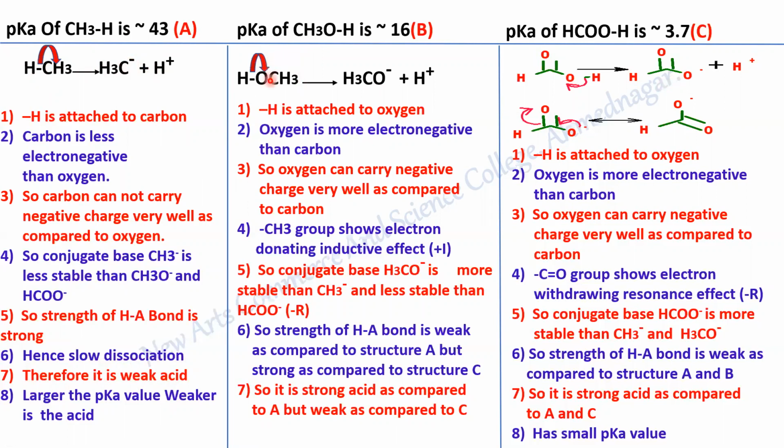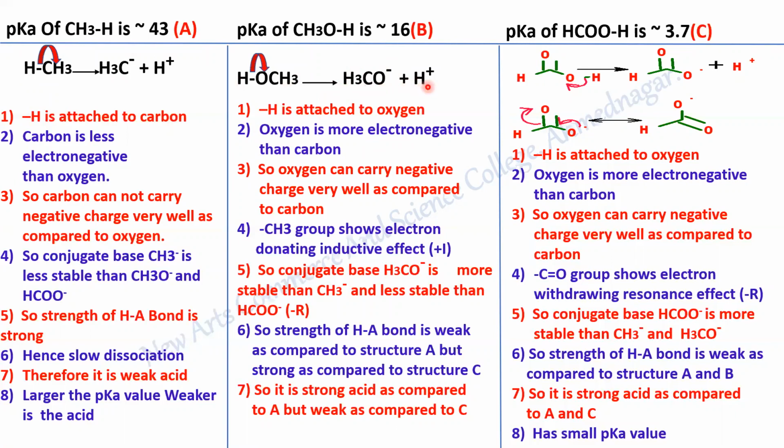Now, what is the difference in the case of the B compound? As the oxygen carries the negative charge, compared with A, the methoxide conjugate base is more stable as compared to CH3 minus. Because this conjugate base is more stable, compared to A, this dissociation is fast.